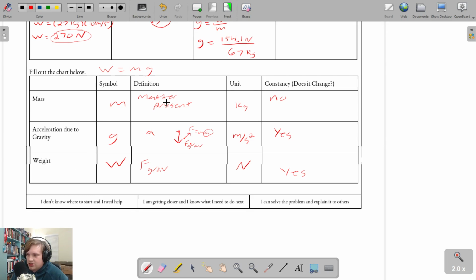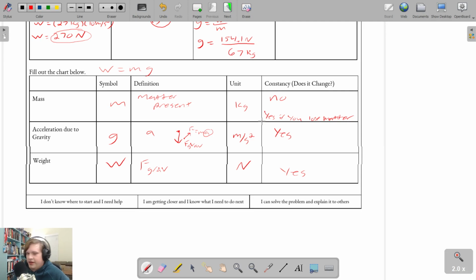Either your mass can change if you get rid of your matter, but when we're talking about it, we don't really care if it changes, but we'll put that as a little caveat. Yes, if you lose matter. When people say, oh man, I gotta lose weight, I gotta go on a diet, well, the gravity of Earth isn't changing, but their matter might. They might lose some matter. But that's not really the case for an instantaneous thing.